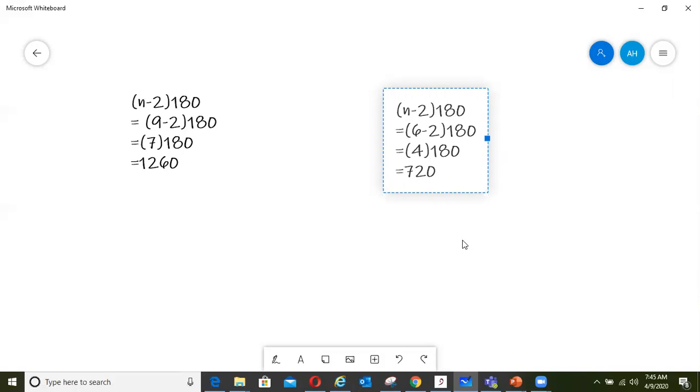So we have 720. This number represents the summation of all the interior angles of the hexagon.